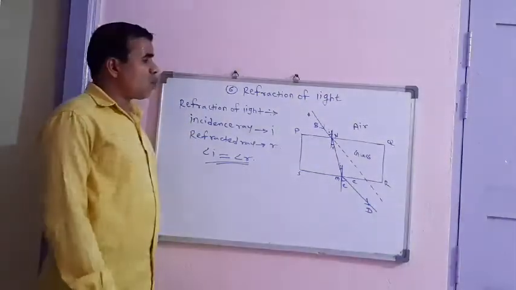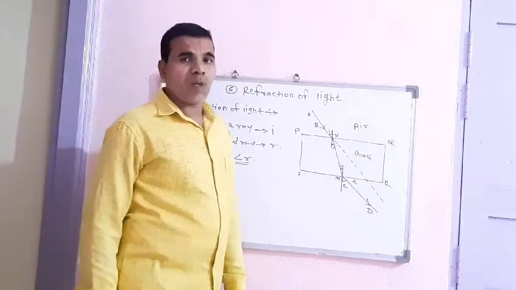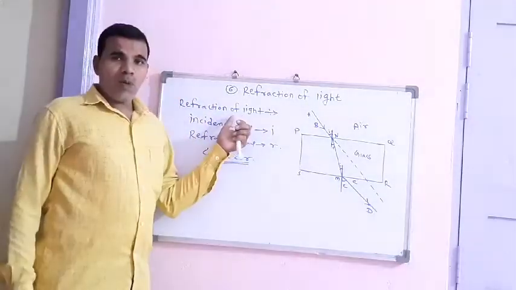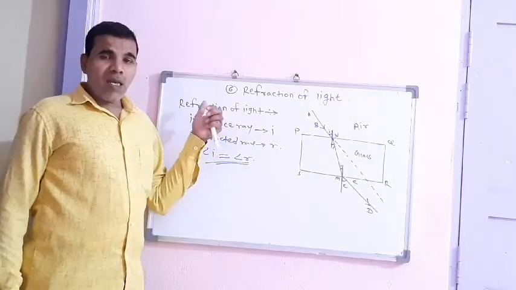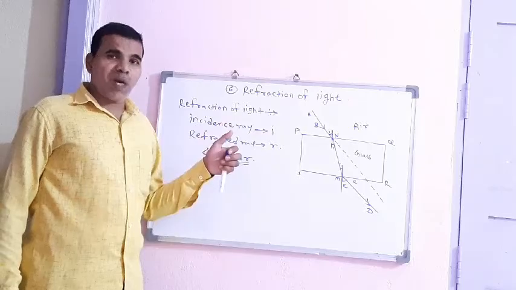The next point we have to discuss is the laws of refraction. We know that refraction of light means light changes direction from one transparent medium to another transparent medium.